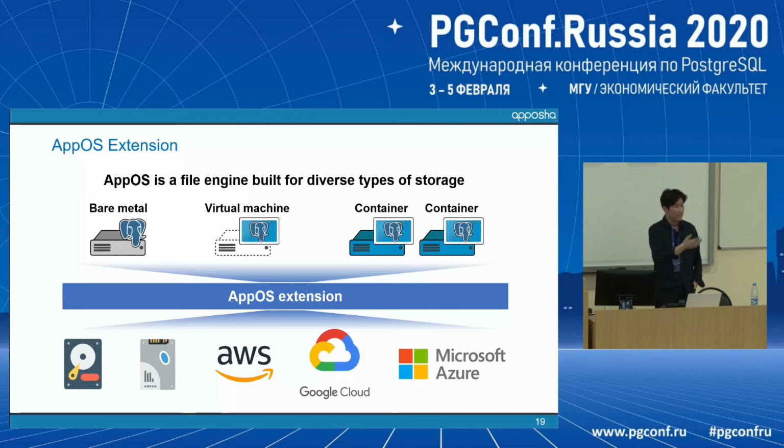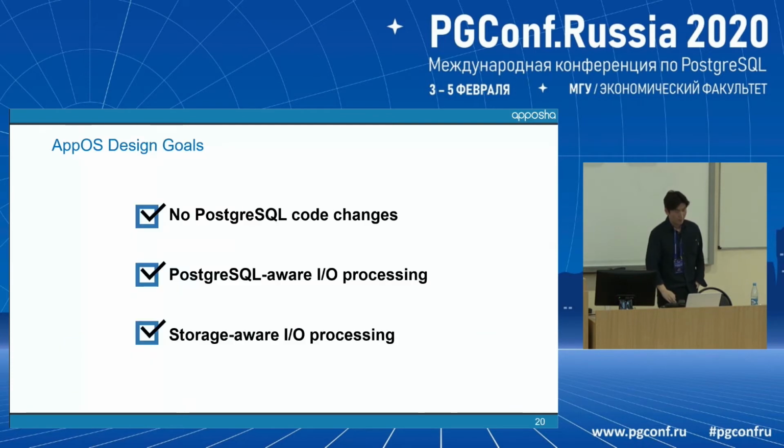As you can see in this figure, this extension can run on any type of environment: bare metal machines, virtual machines, or even inside a container. And it currently supports physical hard disks, SSDs, and AWS storage, Google Cloud, and Azure.